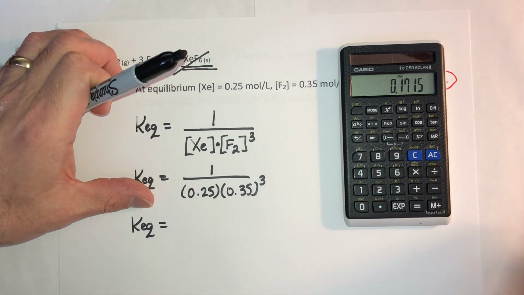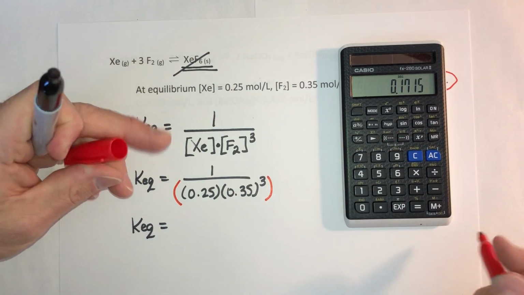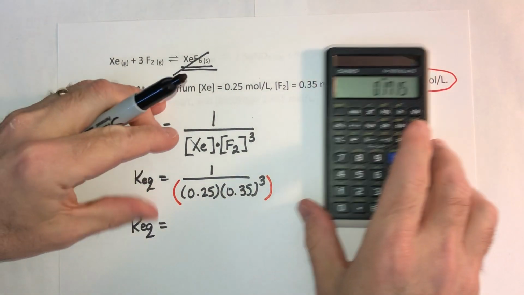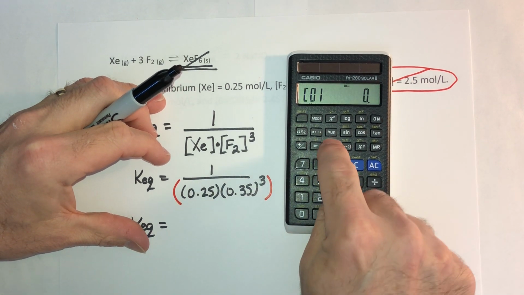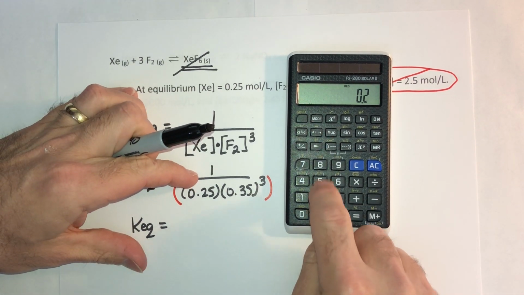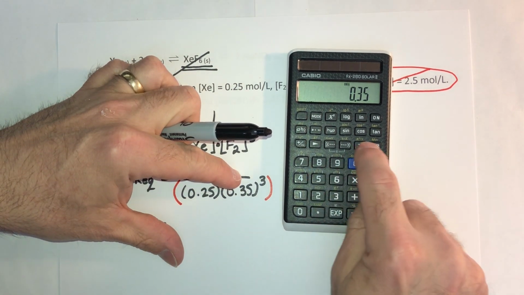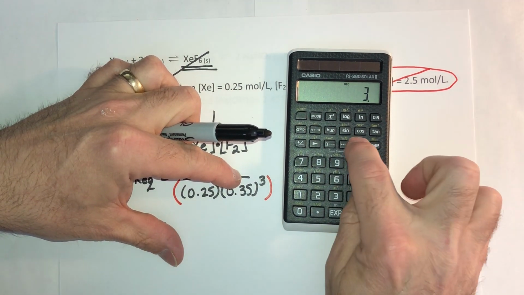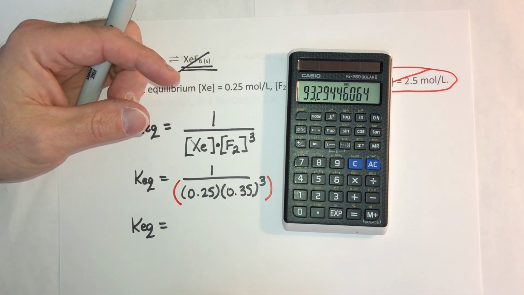So you're going to have to do one of two things. You're going to have to use brackets when you put it in your calculator. That's a possibility. So what I should have done was say 1 divided by, open bracket, 0.25 times 0.35 to the power of 3, close bracket, equals. That's the right answer.